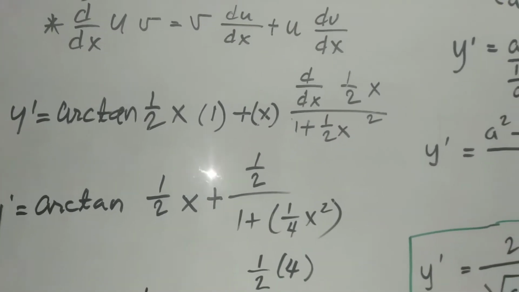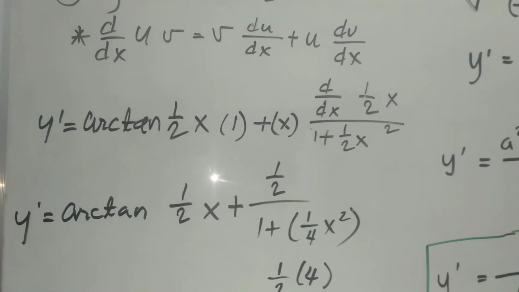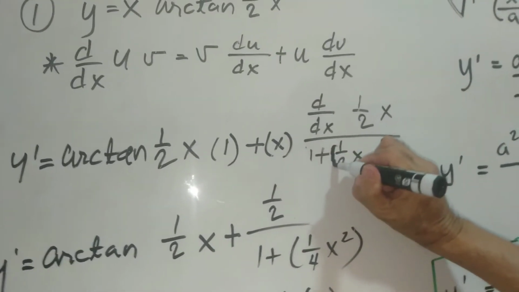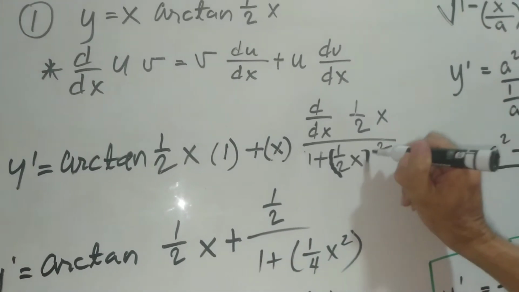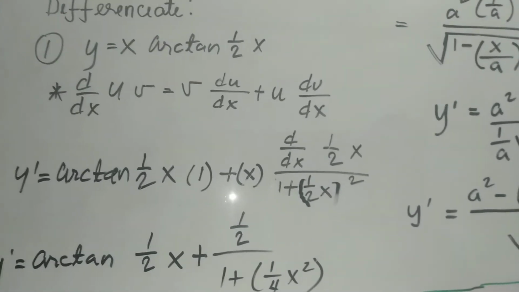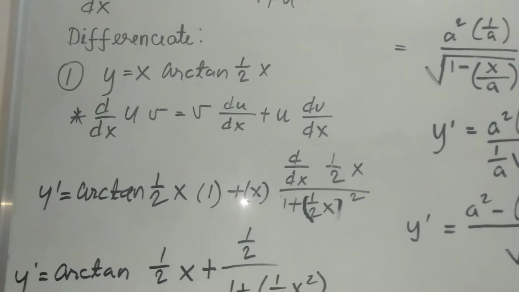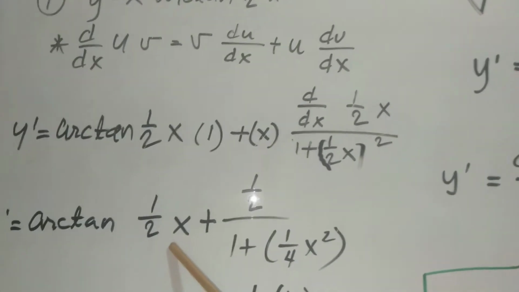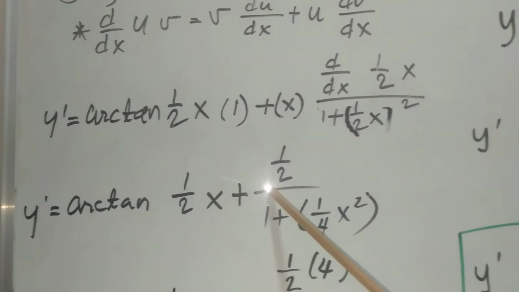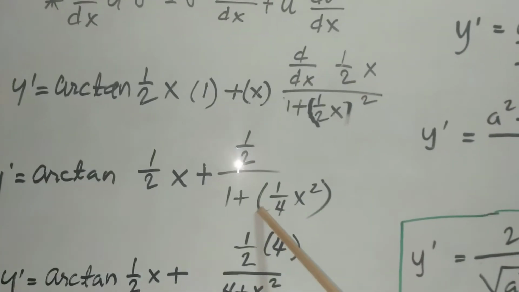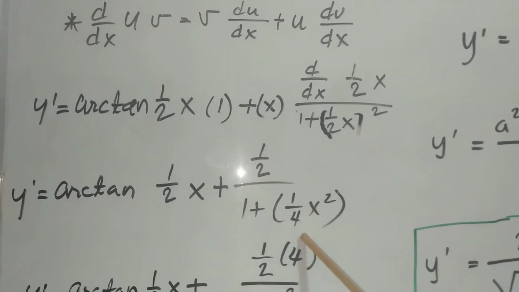This one is our u. So the square of 1/2 x is, so we continue: arctangent 1/2 x plus 1/2 over 1 plus the square of this one, which is 1/4 x squared.